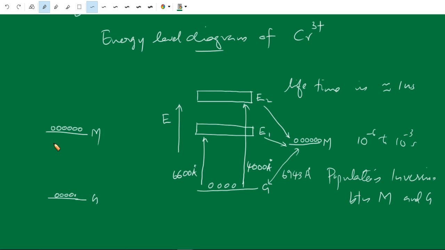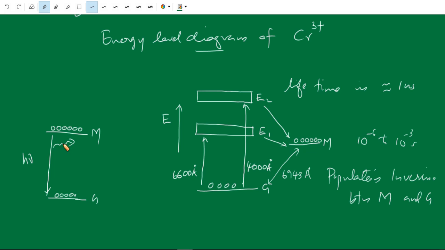There are two kinds of emissions possible. One is spontaneous emission. Spontaneous emission means the chromium ions de-excite by emitting a photon of energy h nu, and this photon causes other ions to get de-excited.